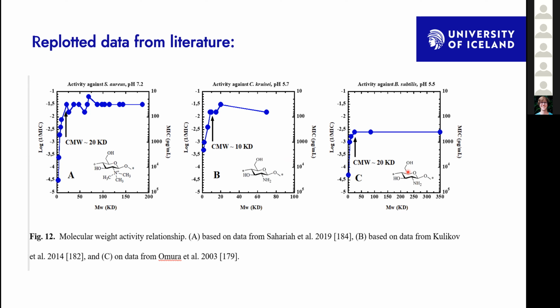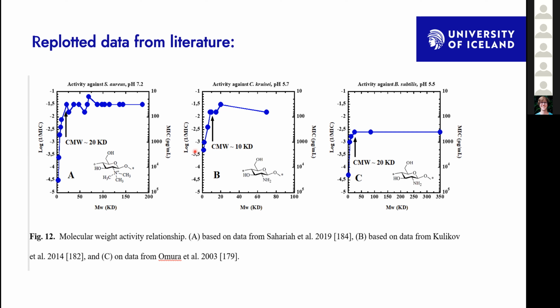However, if we reanalyze data from previous studies, here from one from 2014 and another from 2003, we see that actually the data is quite similar to what we have observed. There is an increase up to a certain molecular weight, and then you don't see much change in the activity. Researchers have maybe reported different conclusions, but the data is very similar.